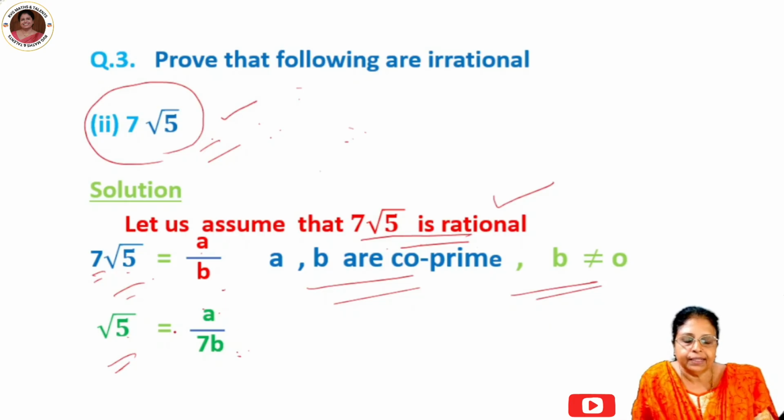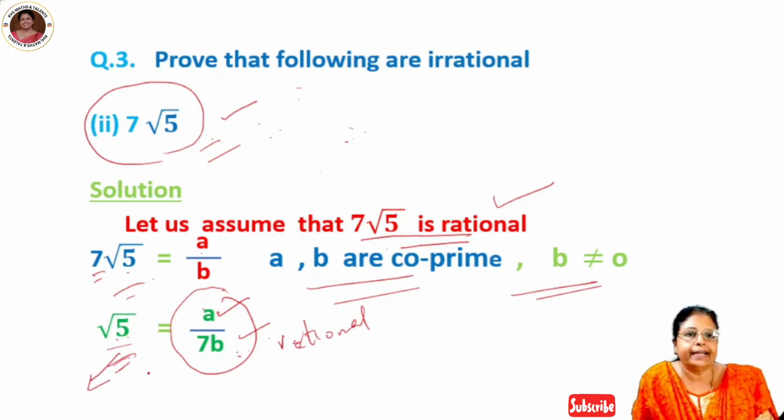Then you see this a and b are integers. So you can say a upon 7b is rational. But already we know this root 5 is irrational. A rational number cannot be equal to an irrational number. So we got a contradiction here.